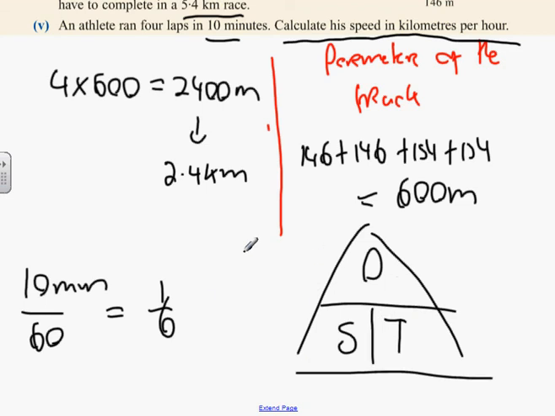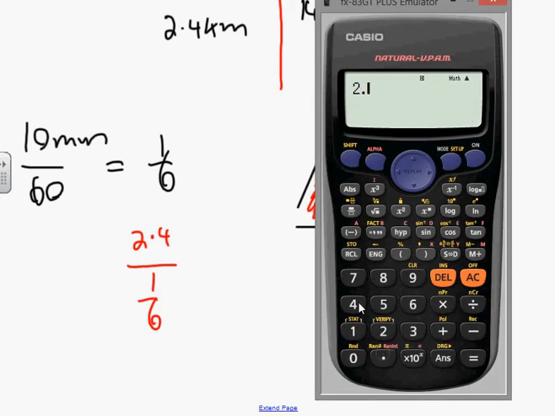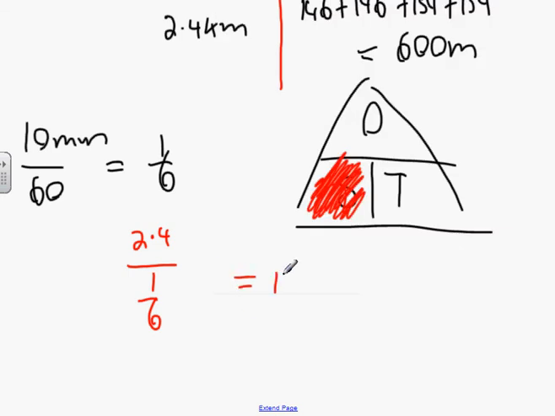You're looking for the speed. Cover out S, and what's left is distance and time. So 2.4 divided by 1/6 is 14.4 kilometers per hour.